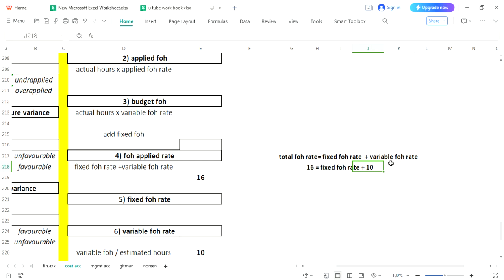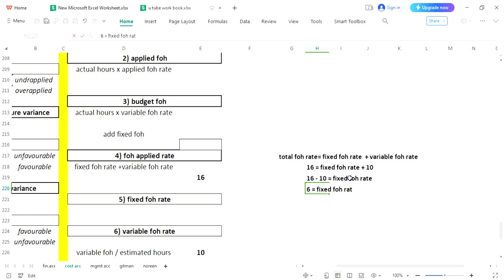If it is added over here, when you take it to the opposite side, the sign will change and it will be negative. 16 is already written over here and you are taking 10 to the opposite side. Positive here, it would be negative on the opposite side, and what is left on the right side is your fixed FH rate. Now 16 minus 10 would be 6, so your fixed FH rate is calculated.